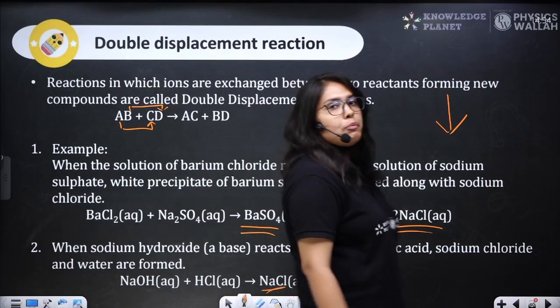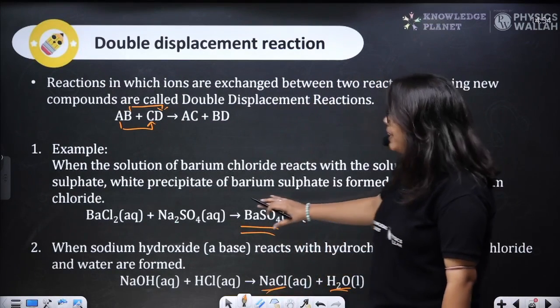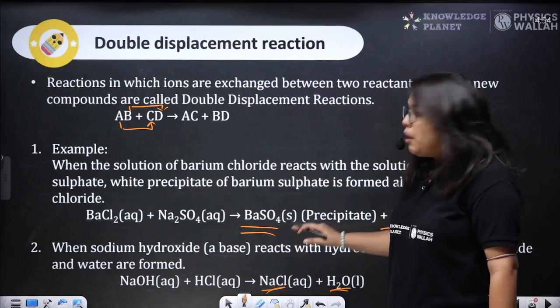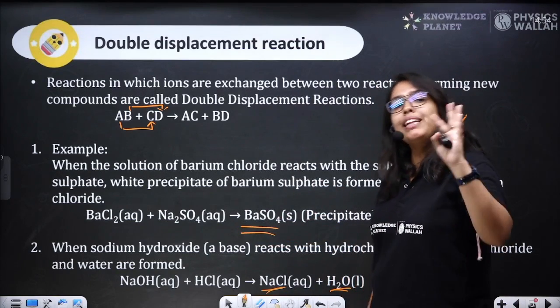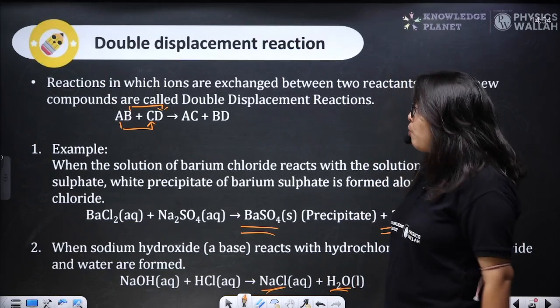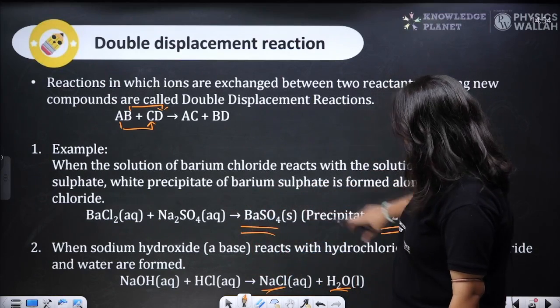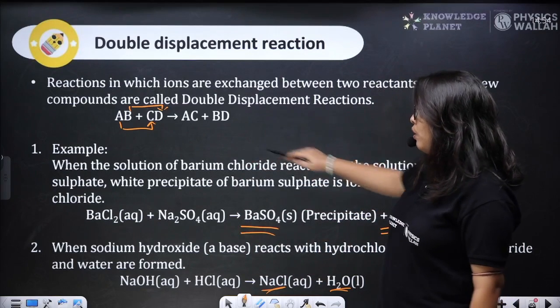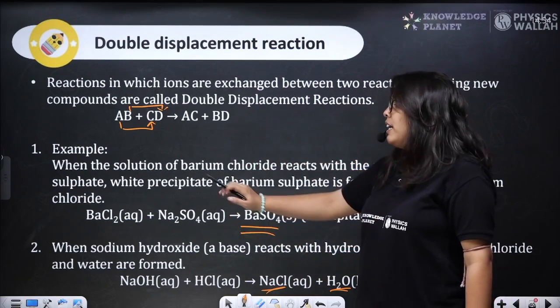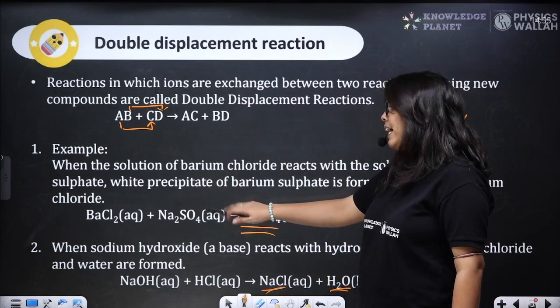In double displacement reaction, precipitates are formed. Not necessarily that a precipitate is always formed, but there is a tendency for a precipitate to form. Also, look at the states. All of them, I mean the reactants, are in the aqueous state.